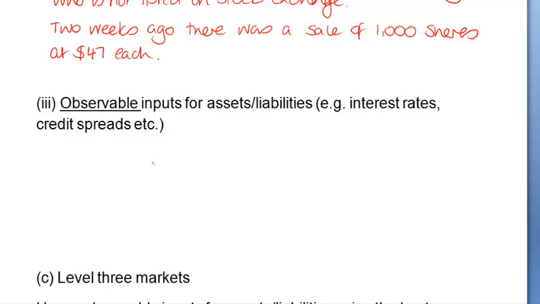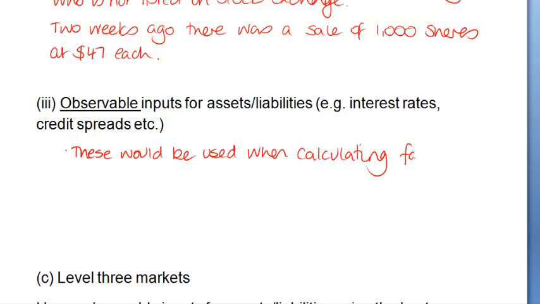We've then got observable inputs for things such as interest rates and credit spreads. These would be used when calculating the fair value of bonds which are not being traded on an active market.